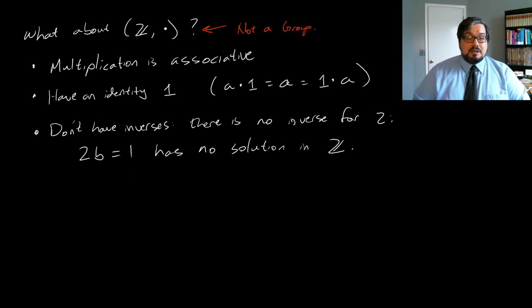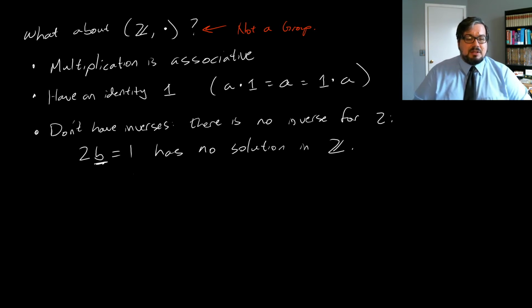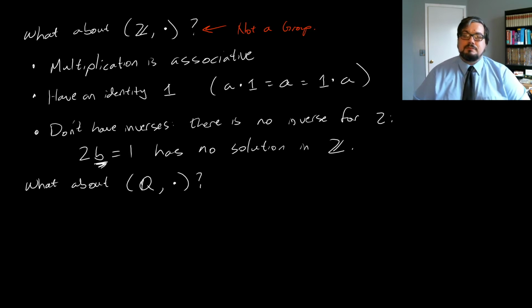So that means that Z with multiplication is not a group. All right. Well, maybe we can try to fix this. Maybe we can say, okay, the integers don't work because the thing that we'd have to plug in here for b would be 1/2, and 1/2 isn't an integer. But it is a rational number. So we can ask, well, okay, what about the rational numbers with multiplication?